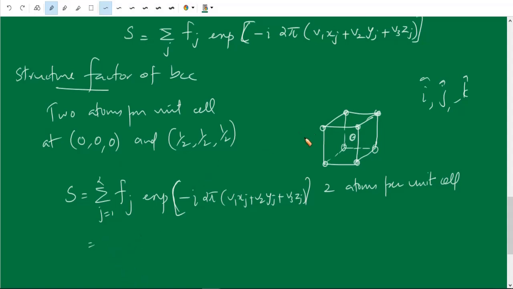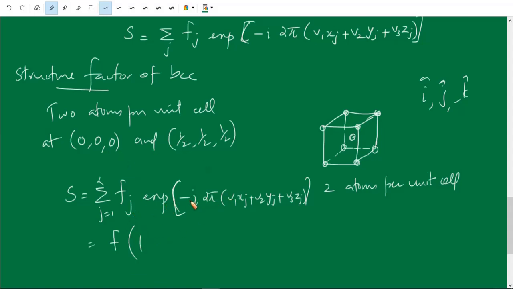All the atoms are identical, so f1 equals f2 equals f. Therefore this is f into exponential 0, which is 1.